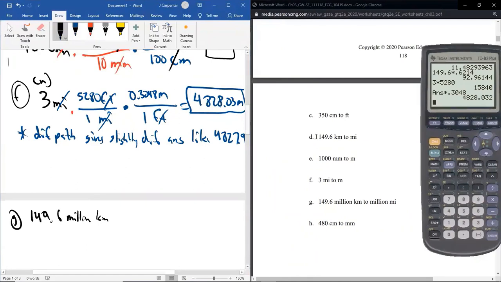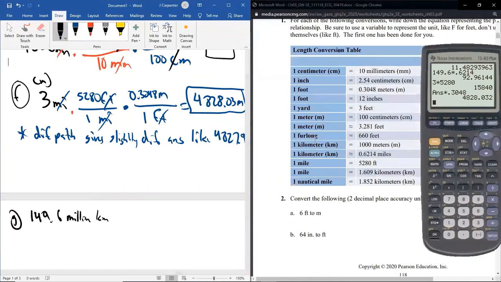Well, we have direct conversions from kilometers to miles. But you might be saying, well, we don't have a conversion from millions of kilometers to millions of miles. Doesn't matter. The word million is just going to stay tagged along. That's all. So we'll multiply by a fraction. I'm going to use the one that says 1 kilometer is 0.6214 miles because that'll put the goofy number in the top.